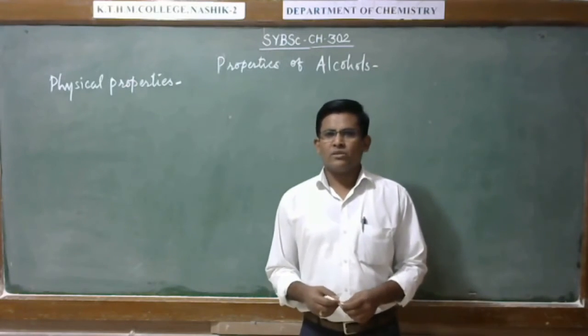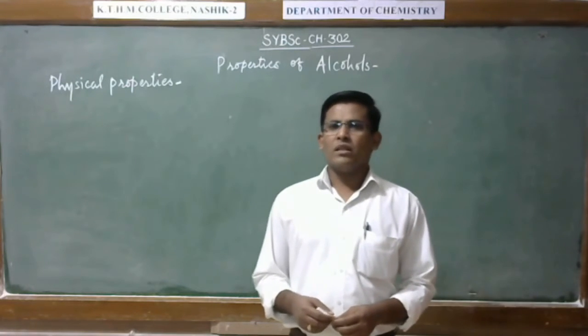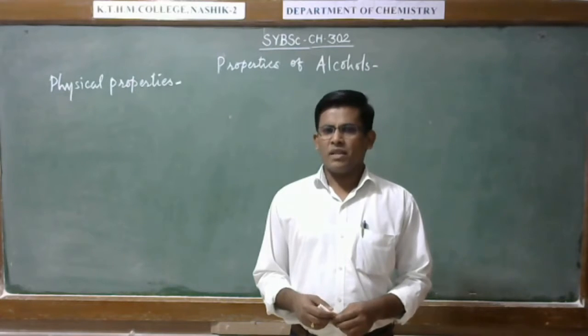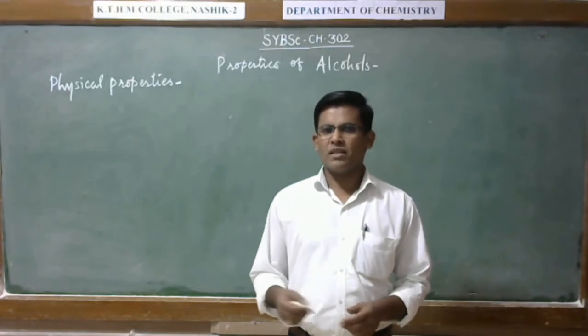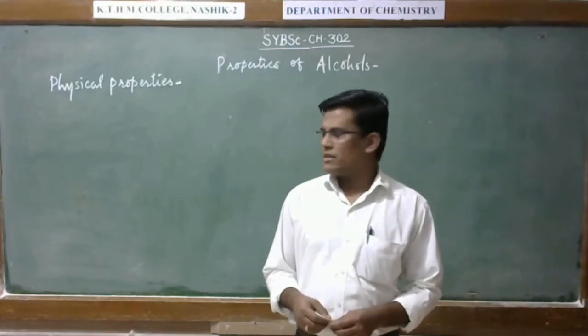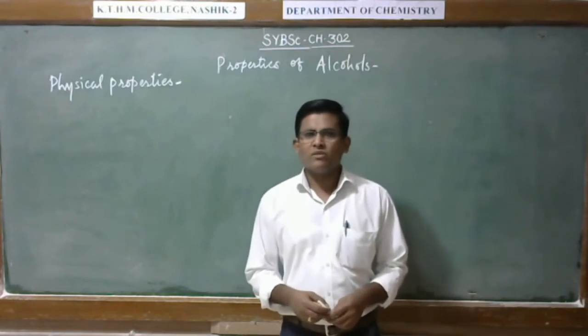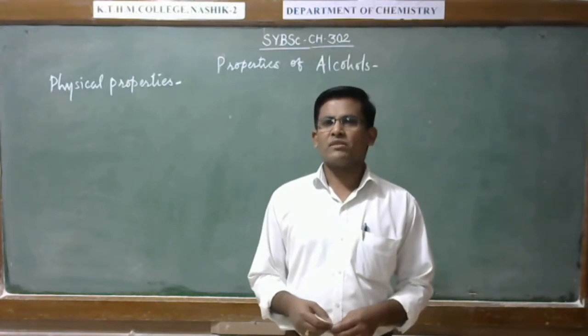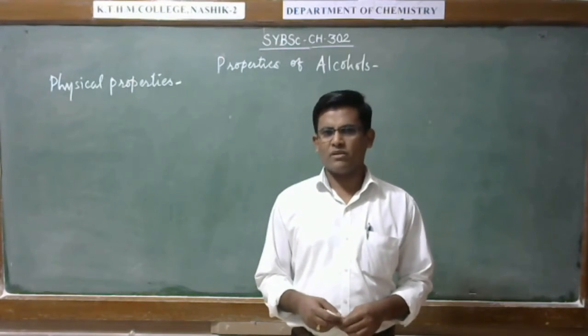As we know, the lower alcohols are liquids at room temperature. On the other hand, the higher ones are solid. And these alcohols have a higher boiling point due to the presence of intermolecular hydrogen bonding.